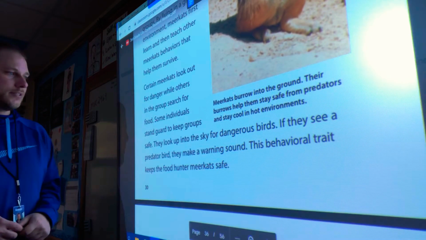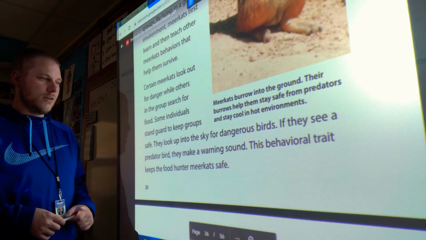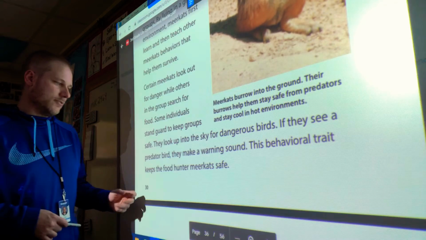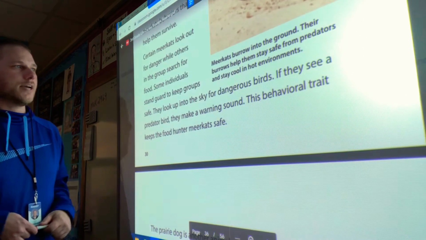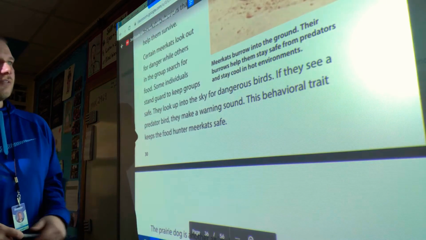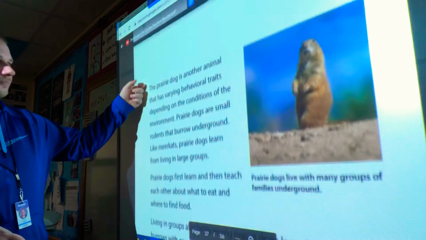They look up into the sky for dangerous birds. If they see a predator bird, they make a warning sound. This behavioral trait keeps the food hunter meerkats safe. Meerkats burrow into the ground. Their burrows help them stay safe from predators and stay cool in hot environments.